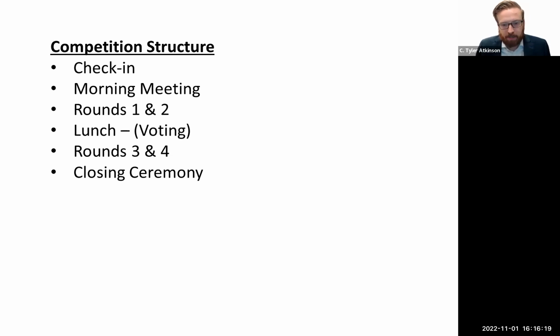Typically that's in your group, so trial court would meet together to get some final instructions, figure out which rooms you're supposed to be in, and then also get your first round assignments to know whether you're a plaintiff or prosecution or defense side, and then which room you're going to be in, and then who you're going up against. You'll have typically first and second rounds.